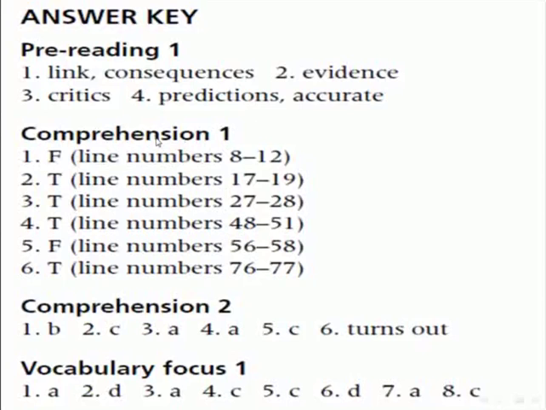And in comprehension number 1, the answer in sentence number 1 was false. How do we know it's false? In line numbers between 8 and 12, you find why it's false. Sentence 2, true. How do we know? In line numbers between 17 and 19, you will have the answer. 3, it's true, because in line numbers between 27 and 28, you find the answer, and so on.